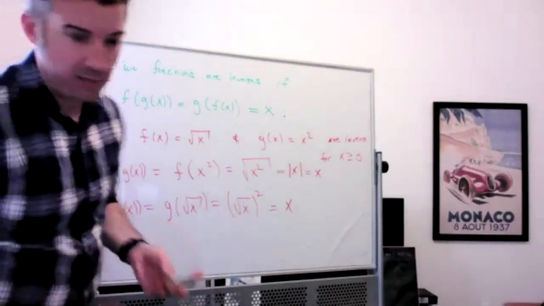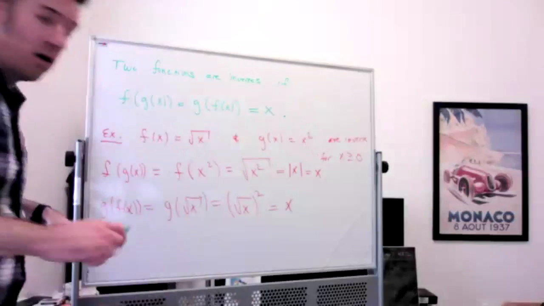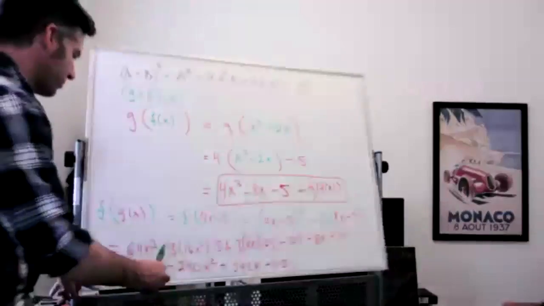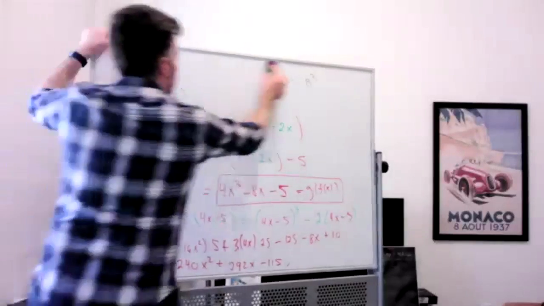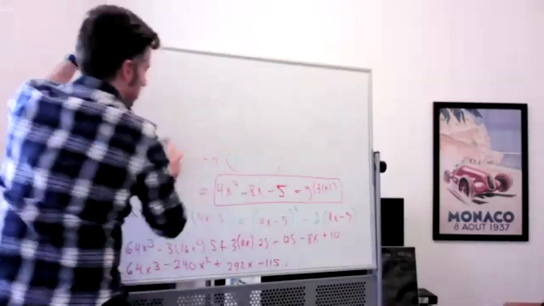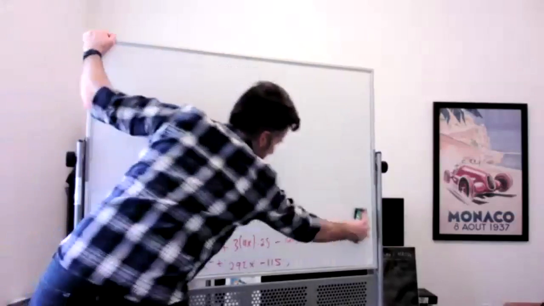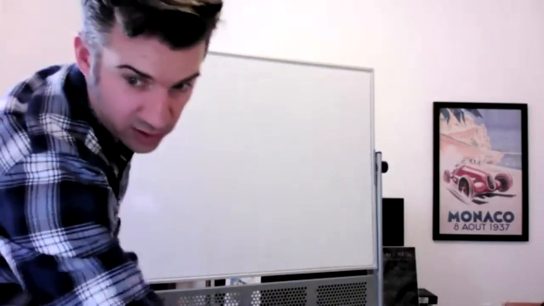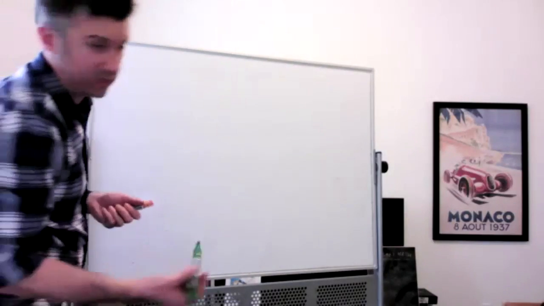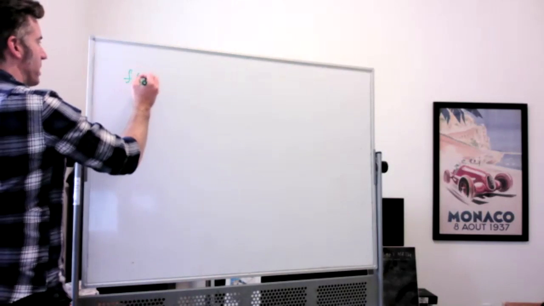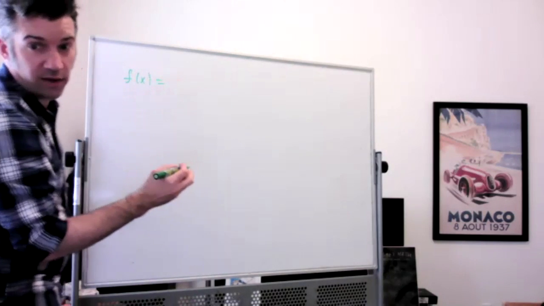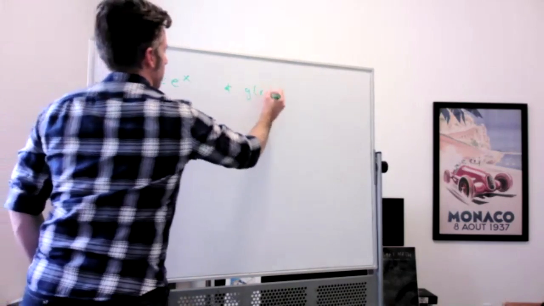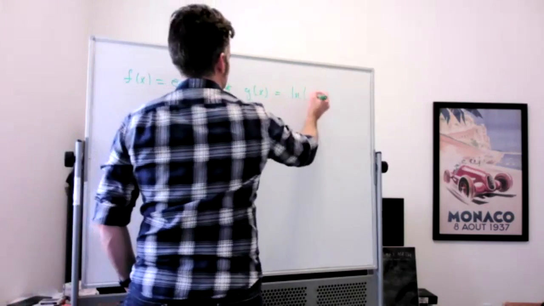Another really good example of inverse functions are the exponential and logarithmic functions. There's lots of inverse functions, but another very common example is f of x equal to e to the x and g of x equal to the natural log of x.